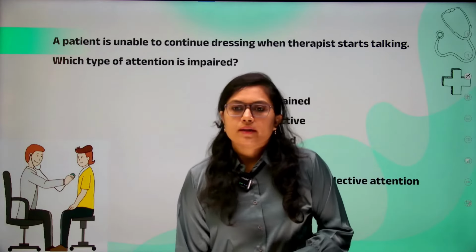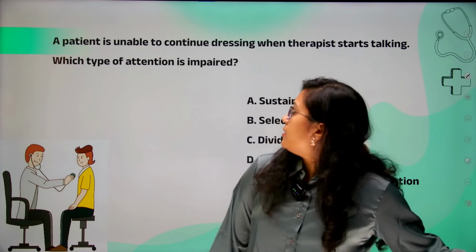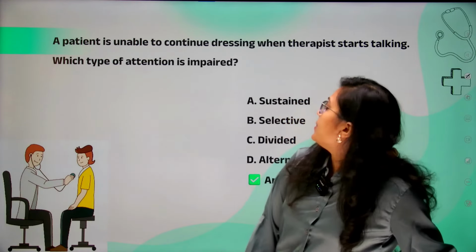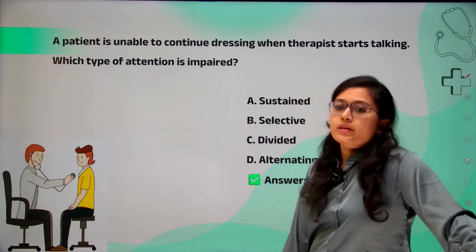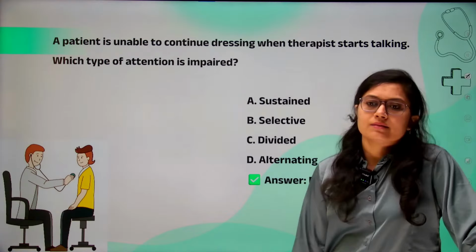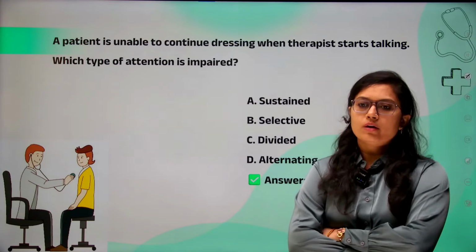Okay, now it's your time. So question: a patient is unable to continue dressing when the therapist is talking to them. Which type of attention is impaired? Whether it is sustained, selective, divided or alternating.